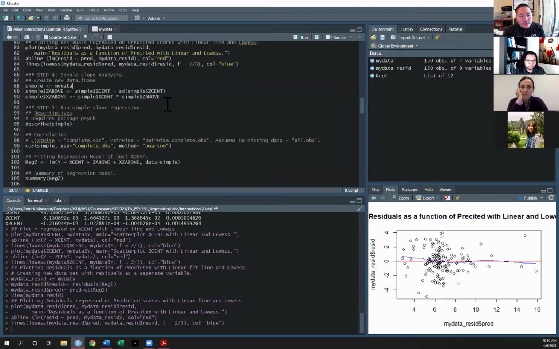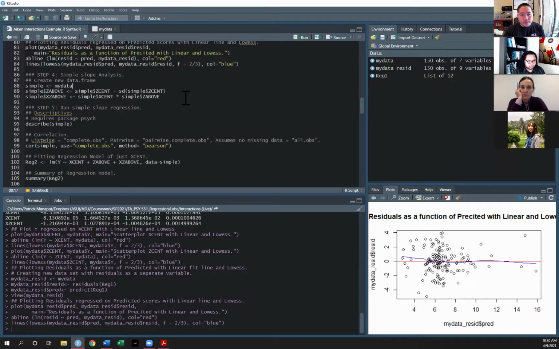But when we're looking at continuous variables, it's a little bit harder because the groups aren't discrete. So we're going to kind of artificially make z discrete, and we're going to look at the relationship between x and y at one standard deviation above the mean on z and one standard deviation below the mean on z.